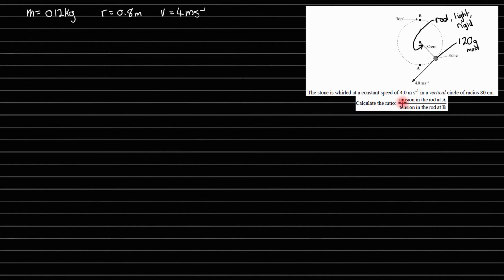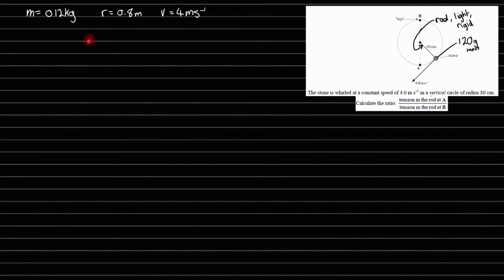And we're asked to calculate the ratio of the tension in the rod at A compared to the tension in the rod at B. Well, before we delve into this, let's quickly recap some basics to do with the centripetal force at different points, considering we have a vertical circle.